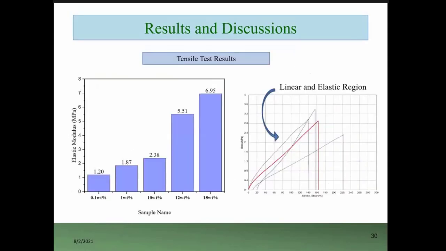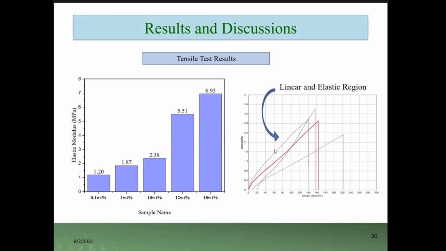After that, from the result of the tensile test, I found that with the increased concentration of carbon nanotube inside PDMS, the film became more elastic since the elastic modulus was increasing. This change was gradual up to 10 weight percentage, but when I increased the concentration up to 12 weight percentage and 15 weight percentage, this elasticity increased in a dramatic manner.